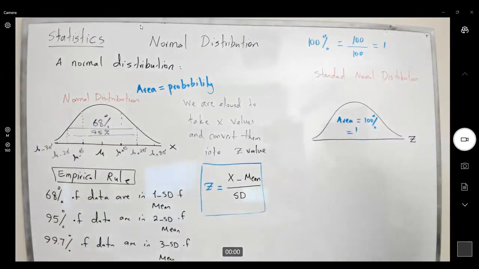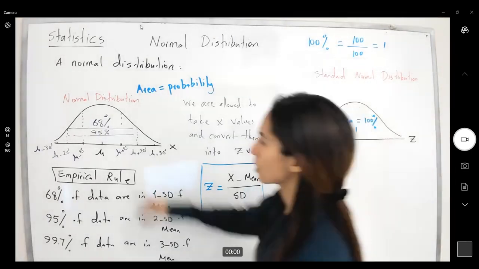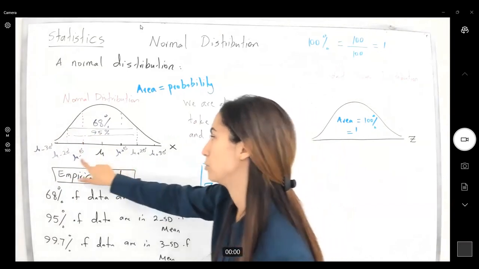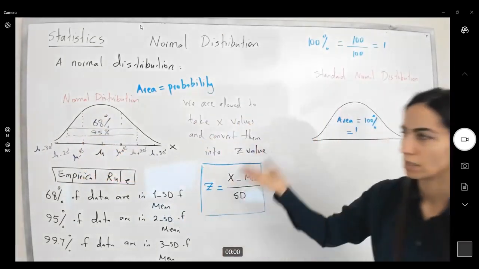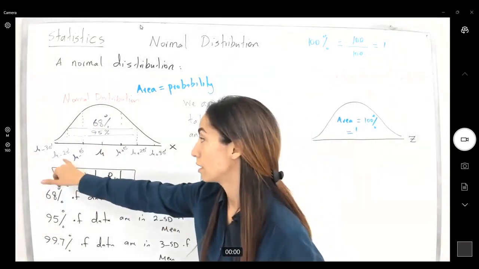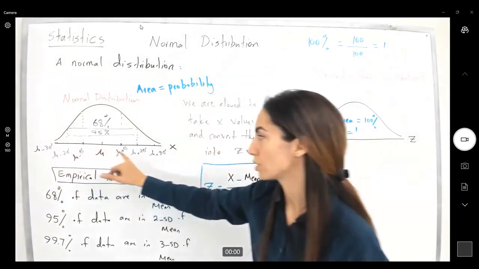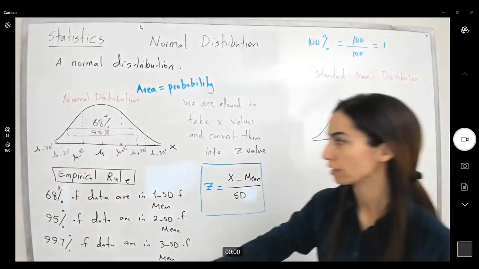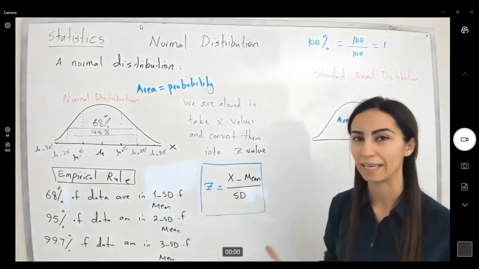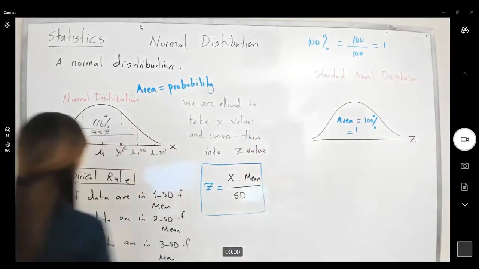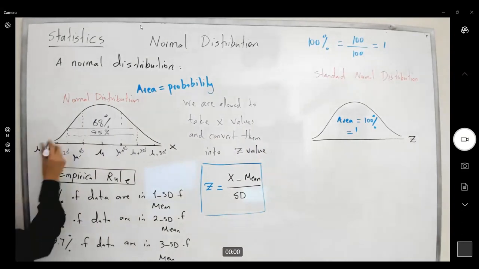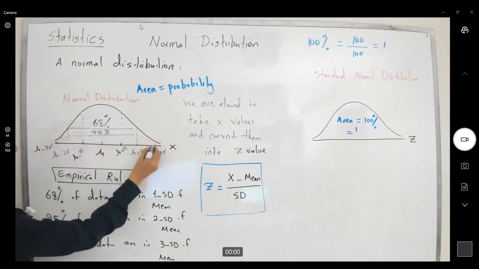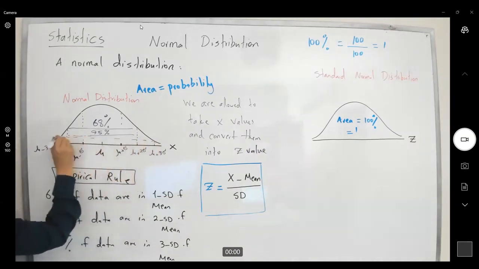This is from the empirical rule, saying that the probability that x is within mu minus sigma and mu plus sigma is 68%, then the probability that x is within mu minus 2 standard deviations and mu plus 2 standard deviations is 95%, and finally, the probability, or the area below the graph, is 99.7%. The values that we have are within 3 standard deviations.